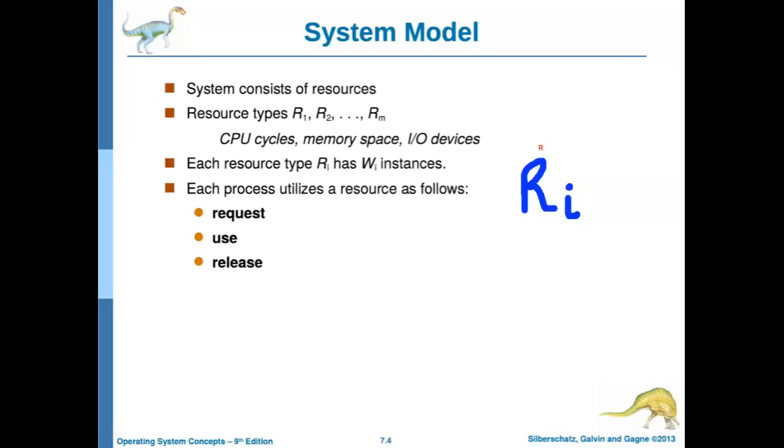So for example, if there are three printers, we don't call them R1, R2, R3. Try to understand this. When I say print file, I'll say simply R2 denotes the printer. It denotes the type of resource. And when you're talking about 3 instances of this, that will be denoted by W. So Wi denotes the number of instances for that resource type.